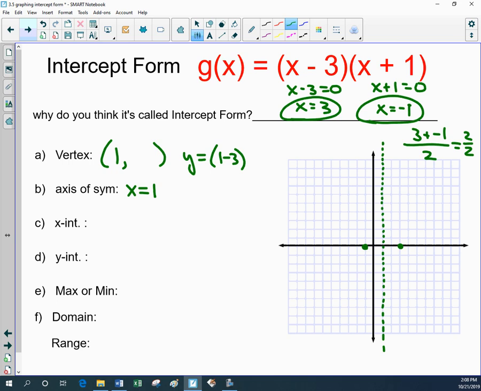Instead of x plus 1, it would be 1 plus 1, because we're plugging 1 in for x. Then solve for y, so we get y equals -2 times +2, so y equals -4. So the vertex is at 1, -4. The axis of symmetry is 1.